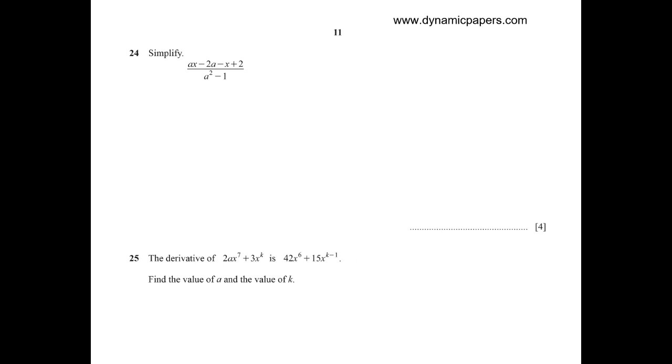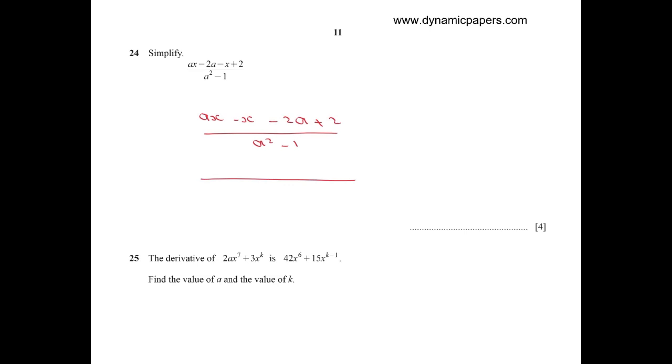Question 24, simplify. Four terms means factorizing by grouping. We will rewrite the expression: ax minus x minus 2a plus 2 over a squared minus 1.